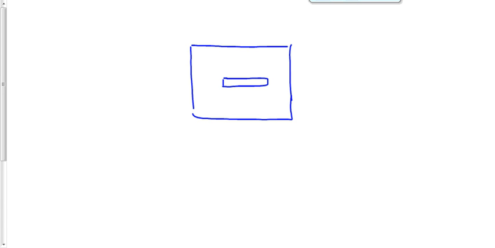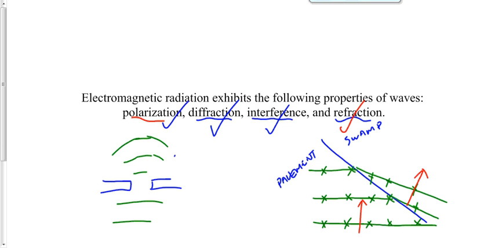That make sense? That polarization, where we filter out all the components but one, is a property of waves. But it's exhibited by EMR. It's exhibited by light. So that must mean that light's a wave. More evidence to support this wave nature of light, or of EMR in general.